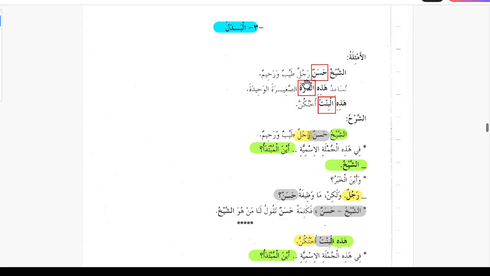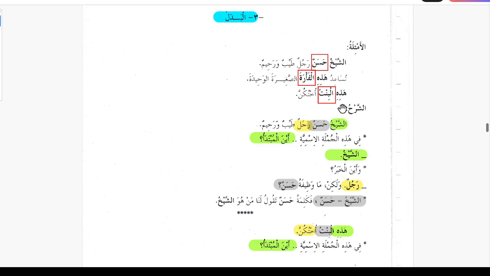Ash-shaykhu hasanun rajulun tayyibun wa rahimun: the Shaykh Hassan is a good and compassionate man. Tusaidu hazihil farata as-sagirata al-wahidata: you help this little and lonely mouse. Hazihil bintu ukhtukunna: this girl is your sister.